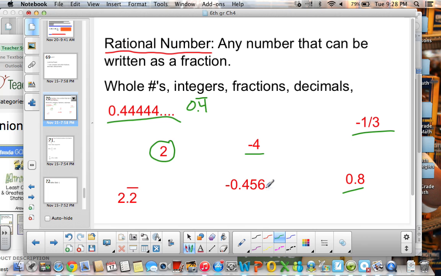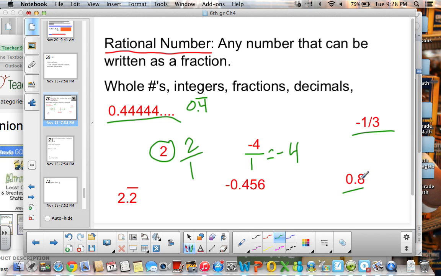Negative 0.456, 2.2 repeating. When it says any number that can be written as a fraction, even though a whole number is not a fraction, we can turn any number into a fraction by writing it over 1. So 2 over 1 is the same as 2. Negative 4 over 1 is the same as negative 4.